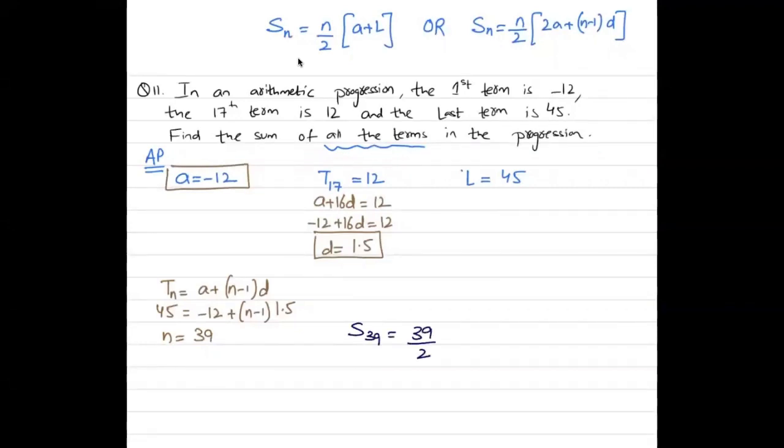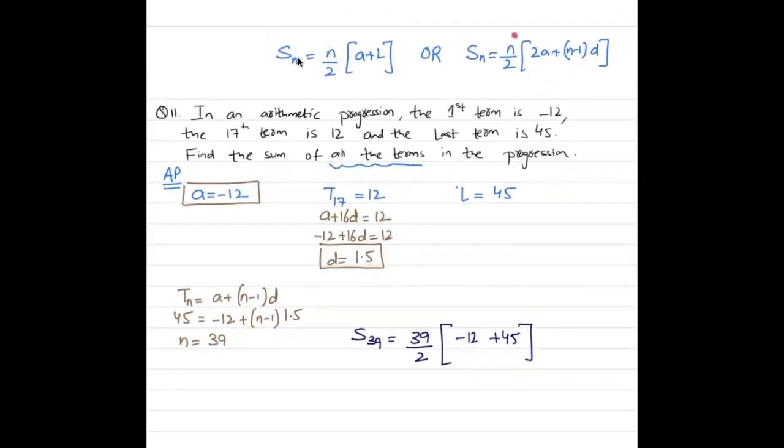times a, that is negative 12, and l is 45. Very good. You can use this. Or we could also have used this formula: 39 upon 2 times 2 times a, that is negative 12, plus 39 minus 1, that is 38, times d, which is 1.5.